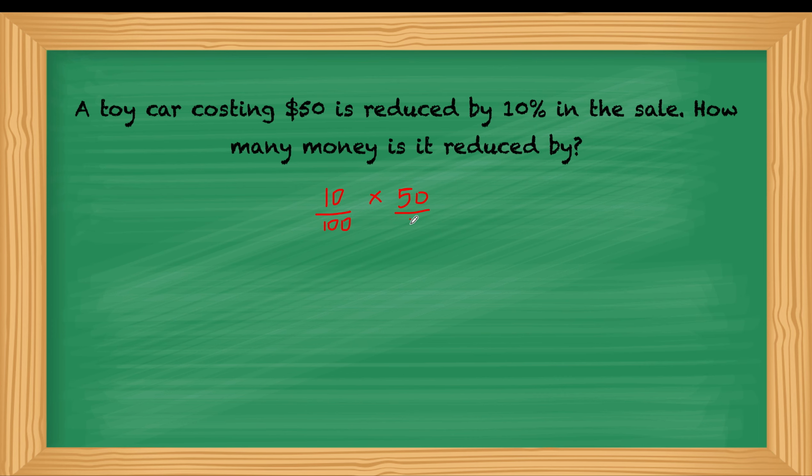Alright, so now we can say how many sets of 10 can I get from 100? That would be 10, right? And how many sets of 10 can I get from 50? That would be 5. I can still simplify some more. I can say 10 into 10 goes one time. 10 into 10 also goes one time. So here we are left with 5. So therefore it was reduced by $5.